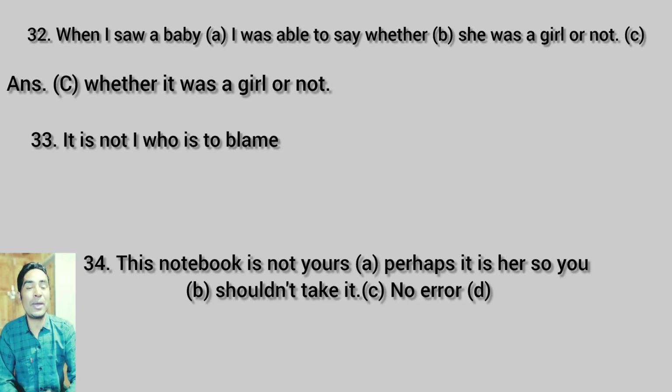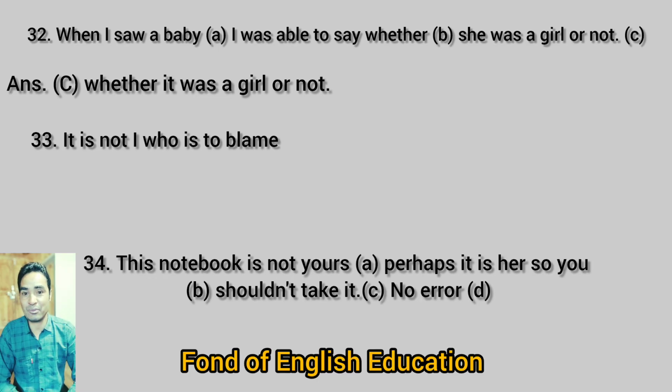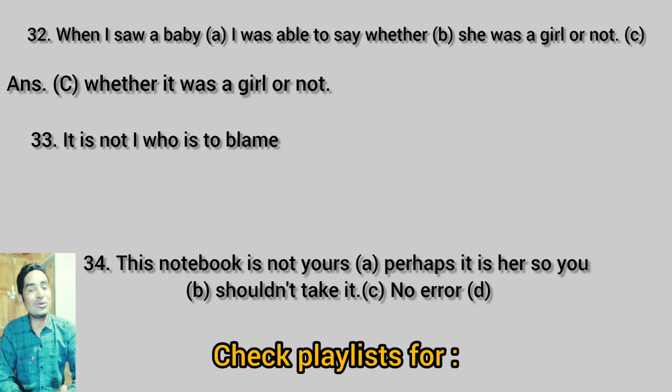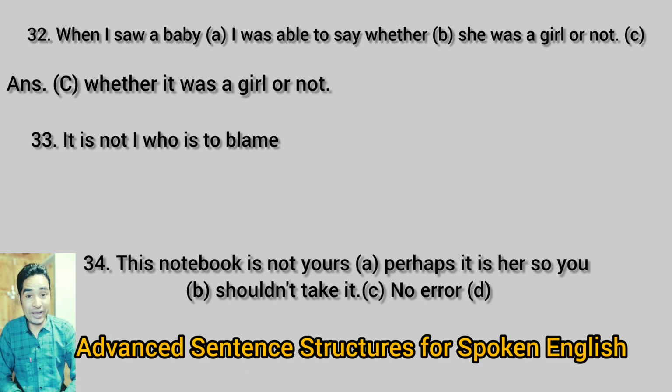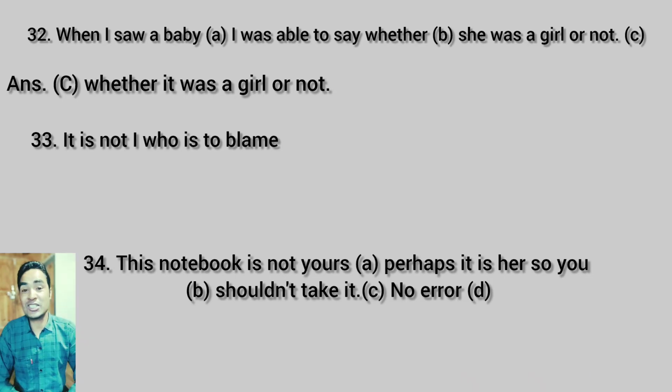When I saw a baby boy, in this case you can use he. Baby boy, boy is a masculine gender. For masculine gender we use he. I repeat, for baby, toddler and infant, when gender is not clear, it is used for them, not he, not she.